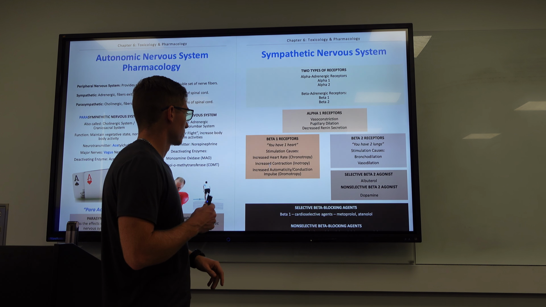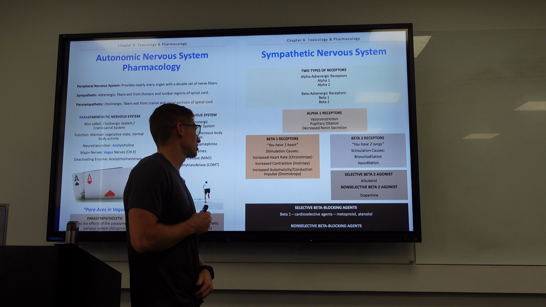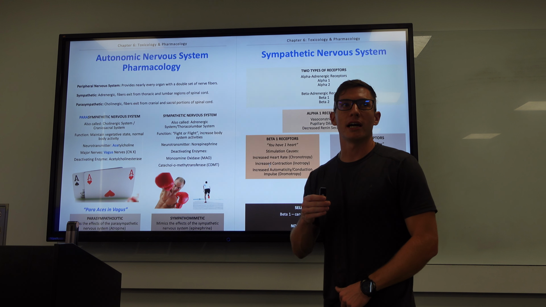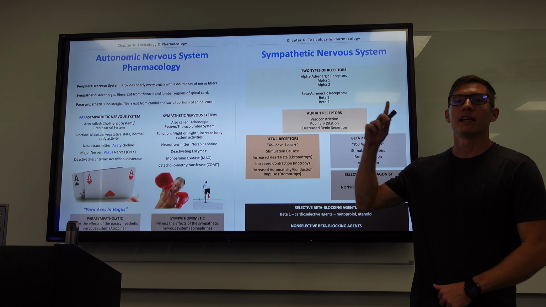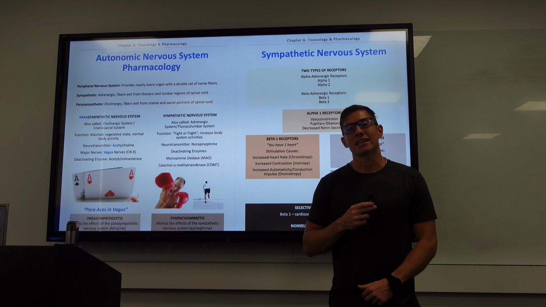Nothing about alpha 2? All right, so beta 1, you have one heart. Stimulation is going to increase your heart rate. Chronotropy, think of chronos, time, the tick on a clock. It's going to increase that rate. Increased contraction is inotropy.